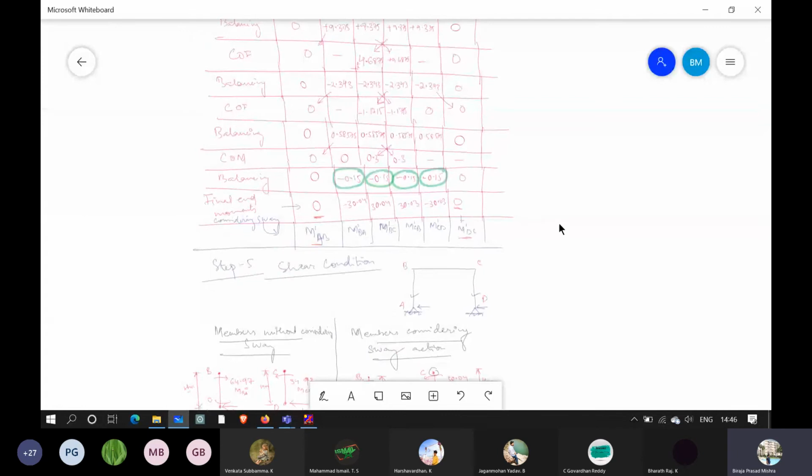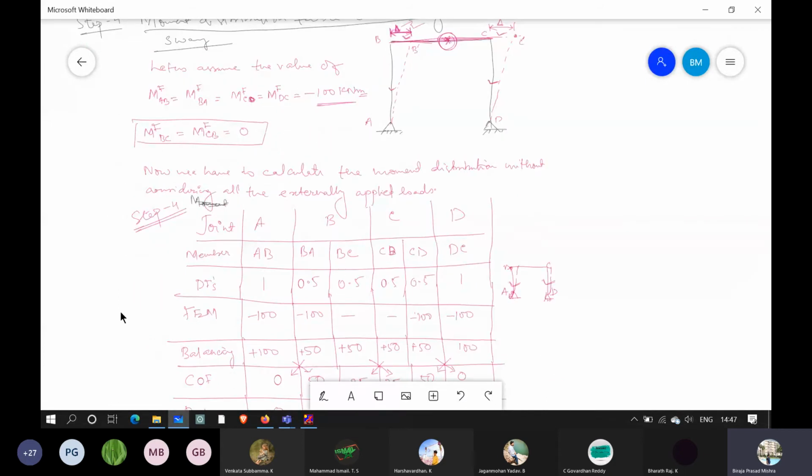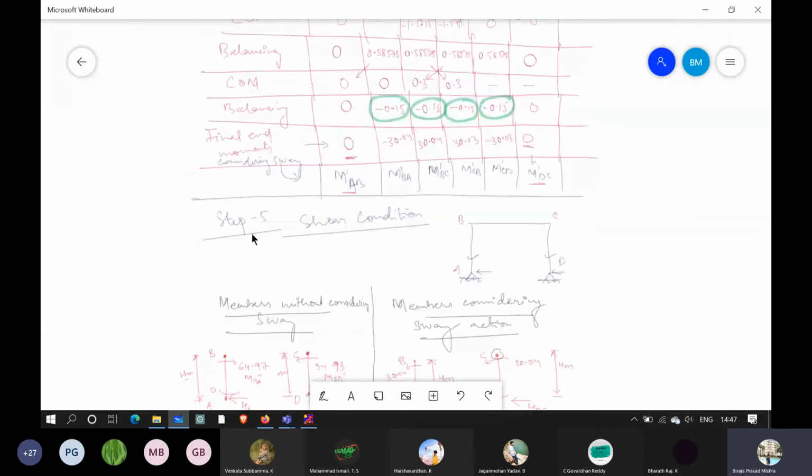This is MAB, this is MBA, this is MBC, this is MCB, this is MCD, and this is MDC. And the others are here: this is M bar AB, M bar BA, M bar BC, M bar CB, M bar CD, M bar DC.